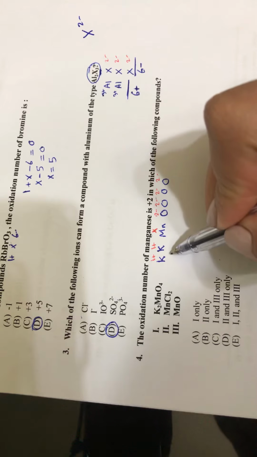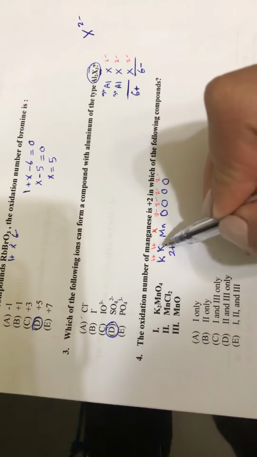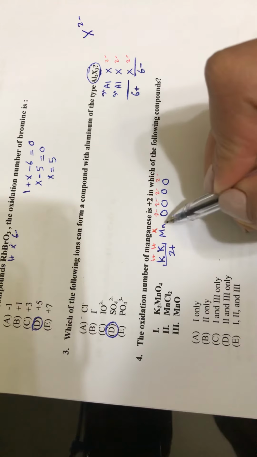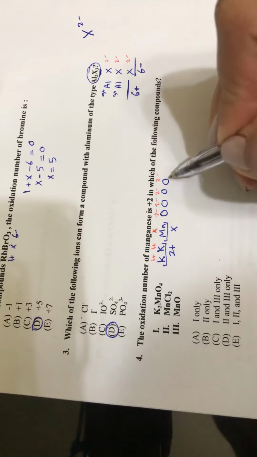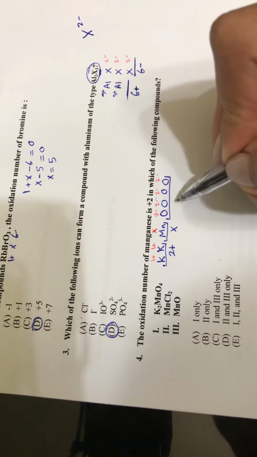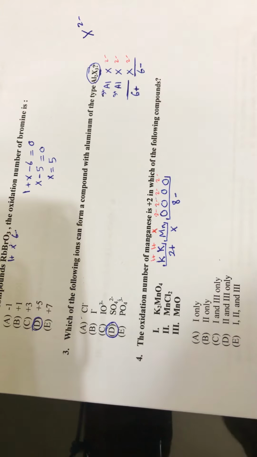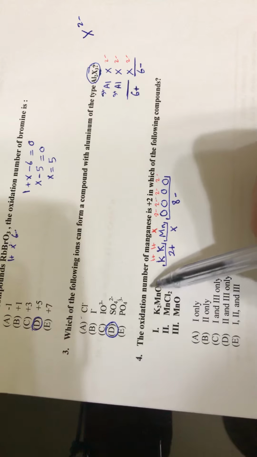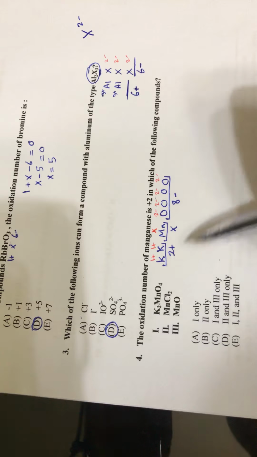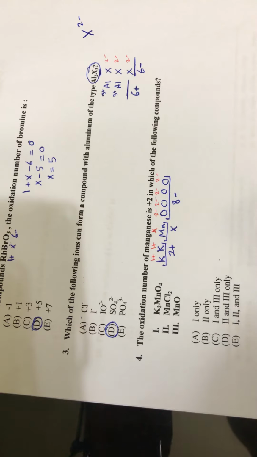So here the total positive charge equals positive 2 for potassium, and here X, and the negative charge equals negative 8. It's a neutral compound, so when you add oxidation numbers to each other, the total is 0.